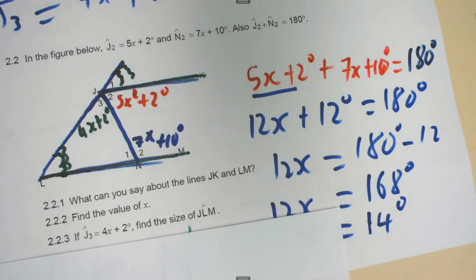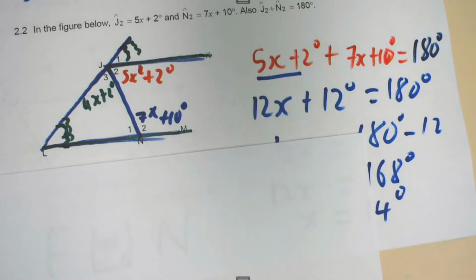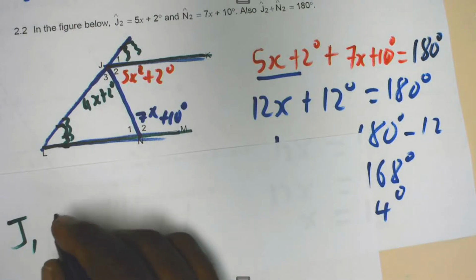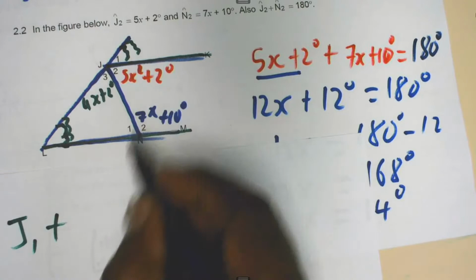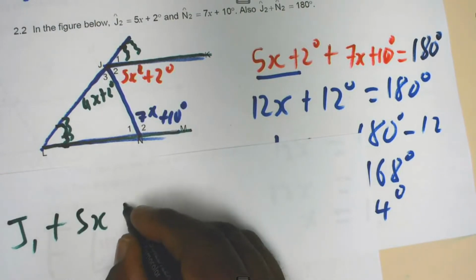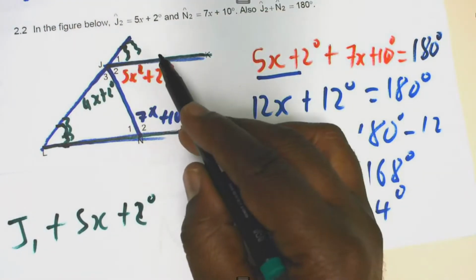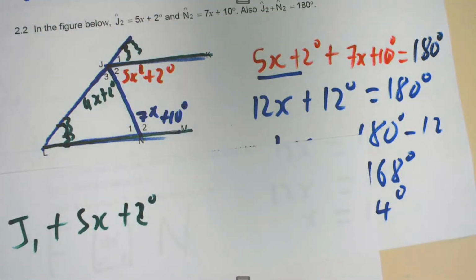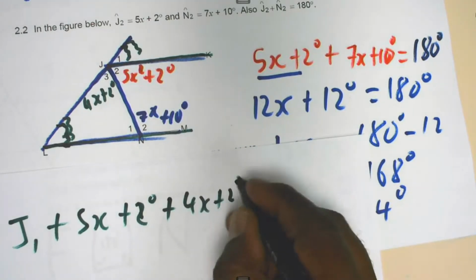Let's understand the relationship. J1 plus J2, which is 5x plus 2 degrees, plus J3, which is 4x plus 2 degrees.